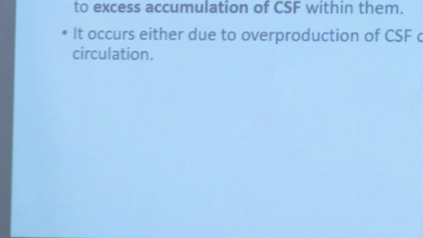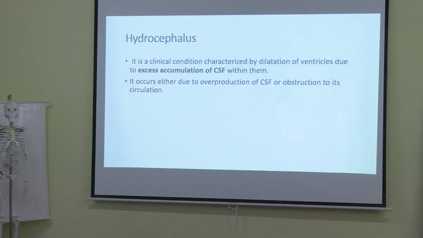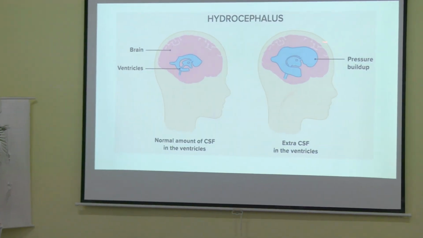It is a clinical condition characterized by the dilation of the ventricles due to the excess accumulation of CSF within them. It occurs either due to the overproduction of CSF or by obstruction to its circulation. So you can see the picture and compare the structures.